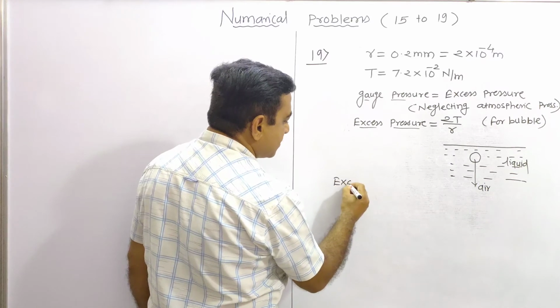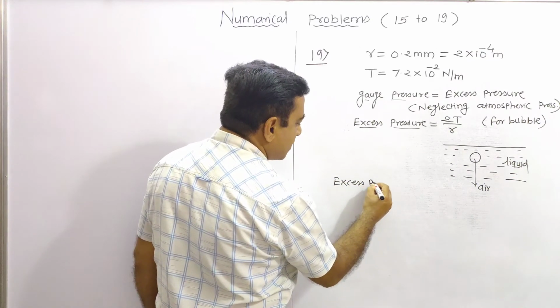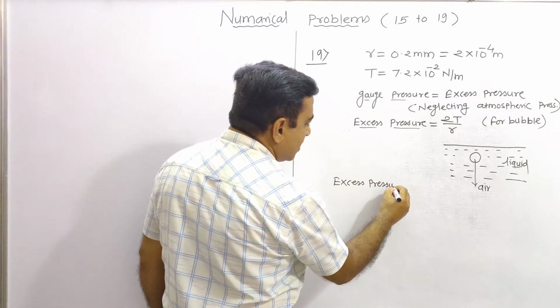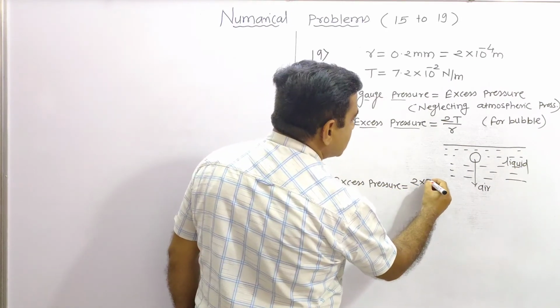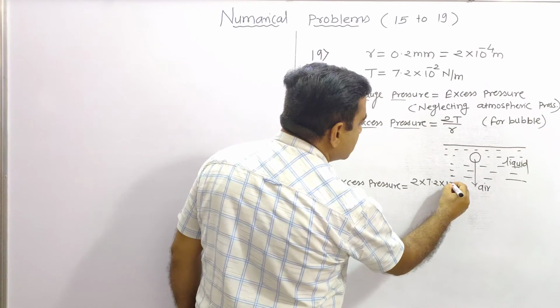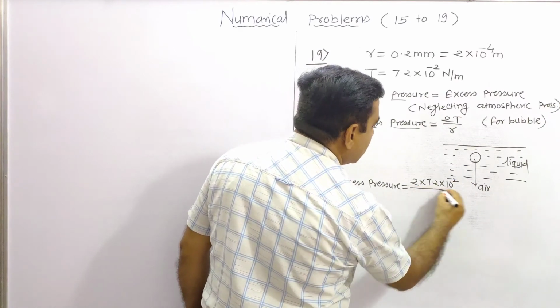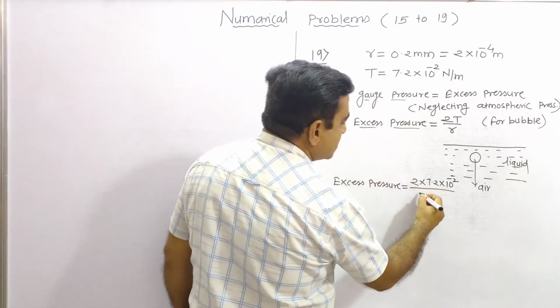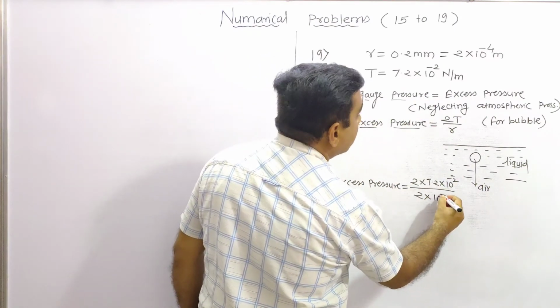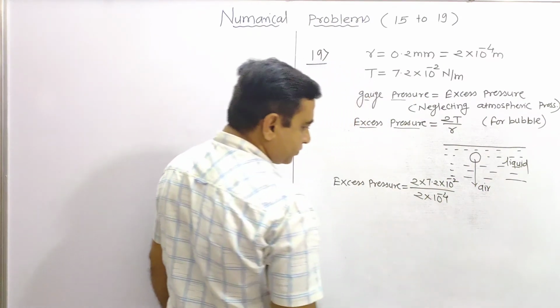This excess pressure or gauge pressure is equal to 2 into 7.2 into 10 raised to power minus 2 divided by R. That is 2 into 10 raised to power minus 4.